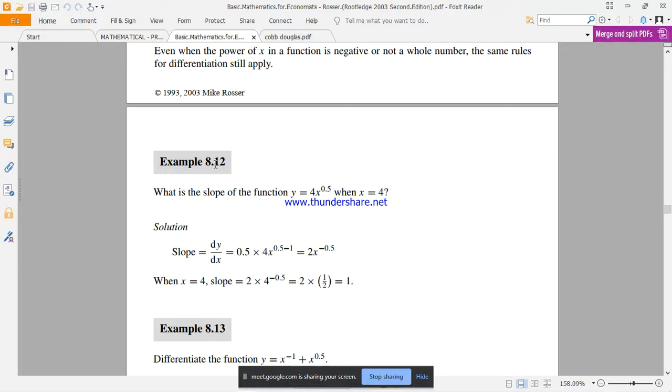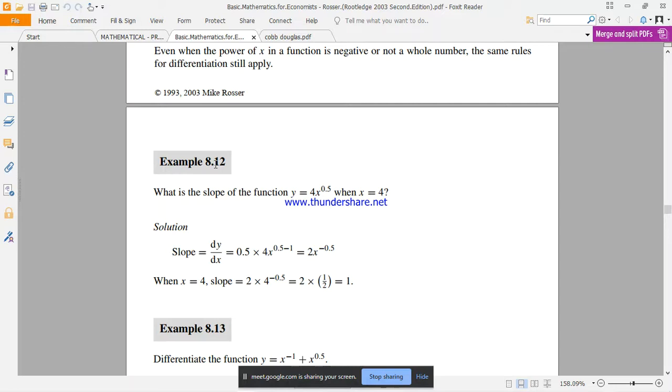So the change in y, which is just dy/dx, will be 4(0.5)x raised to the power negative 0.5. So 4 times 0.5 is just half of 4, and half of 4 is 2, so it will be 2x to the power negative 0.5.